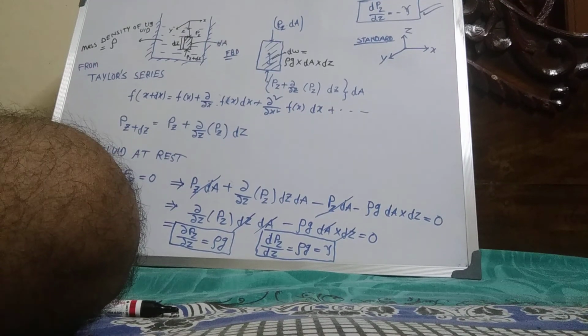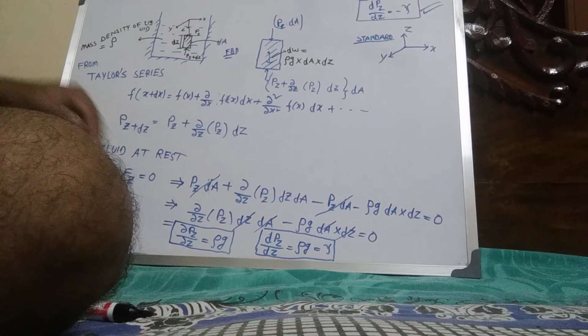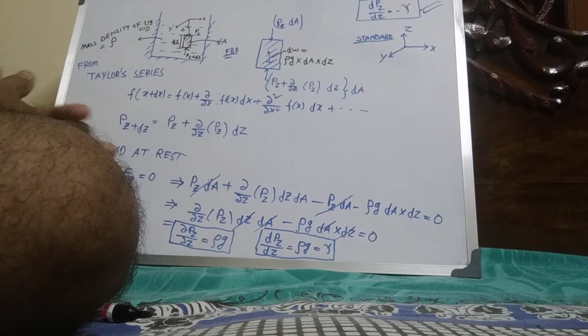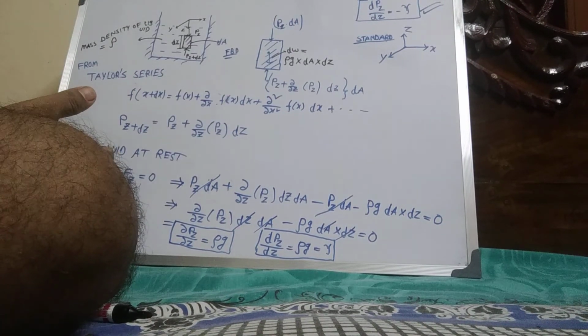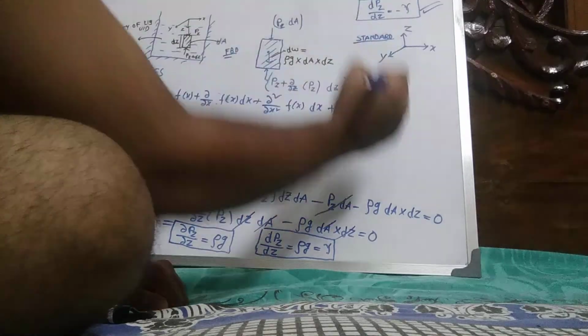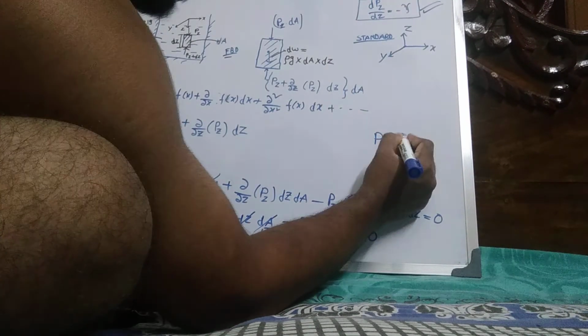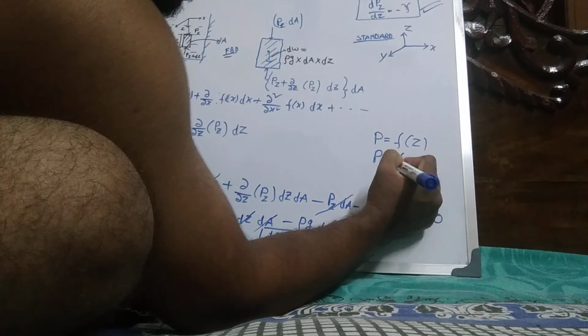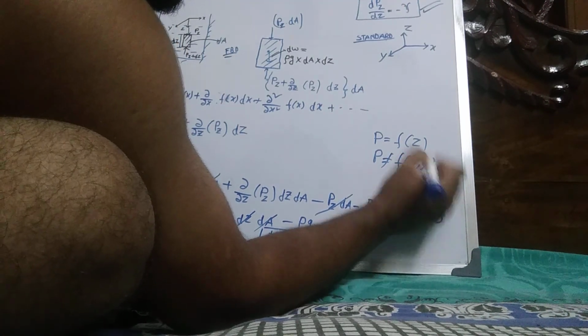Understand? So you can say the rate of change of pressure along depth is equal to the weight density of the liquid at that point. So pressure is a function of z, but pressure is not a function of x, y.